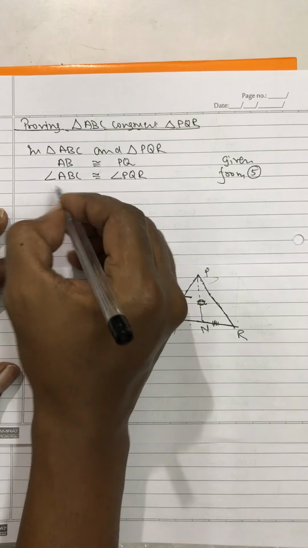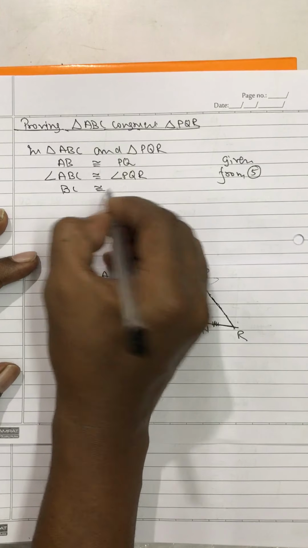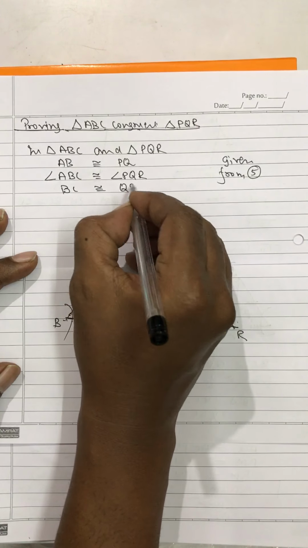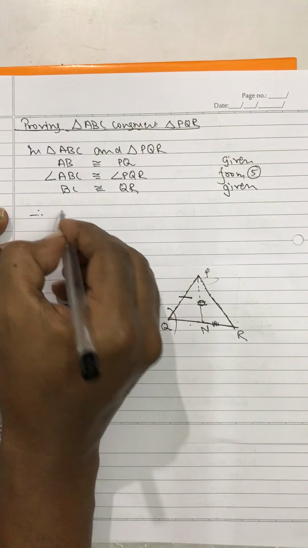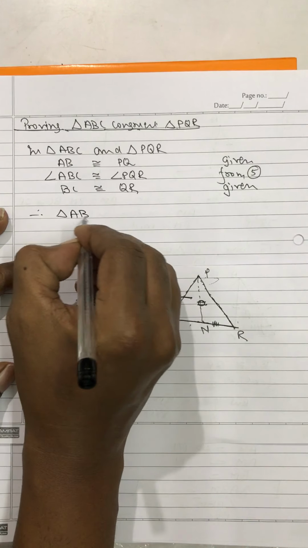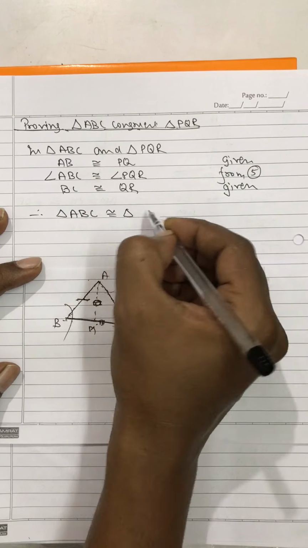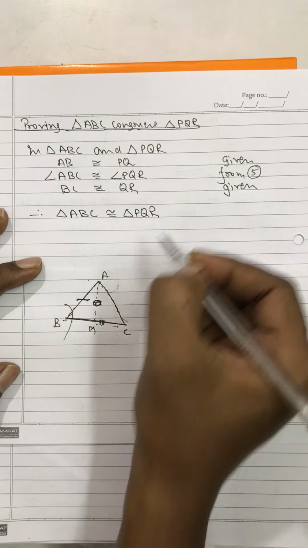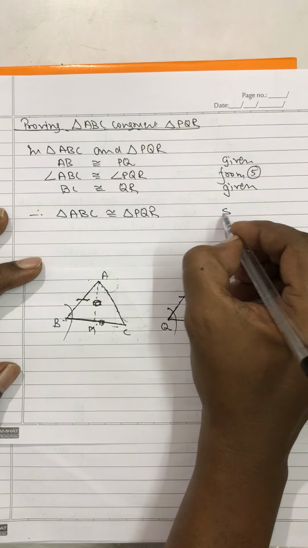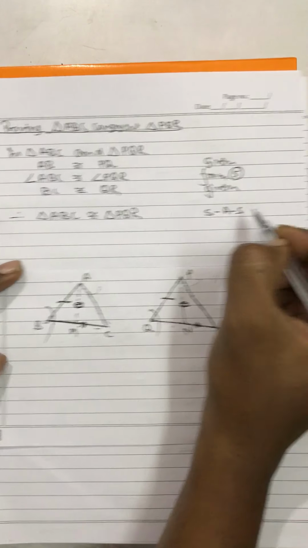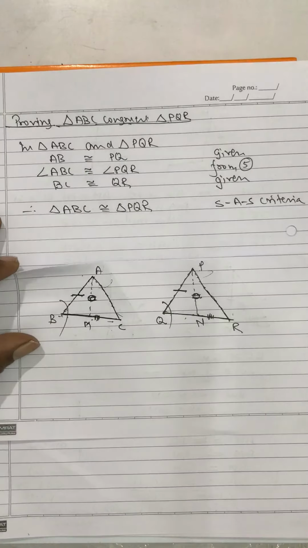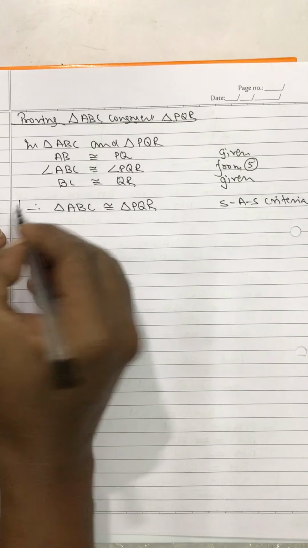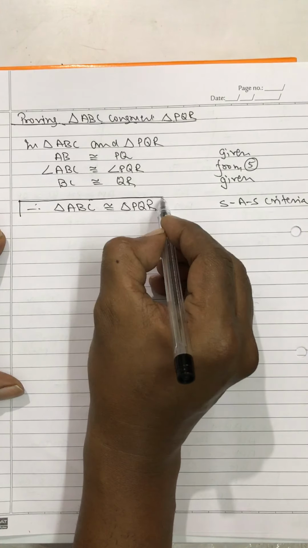And then we have BC congruent to QR. For this reason, it is again given. Therefore triangle ABC is congruent to triangle PQR by SAS criteria. So this also is done.